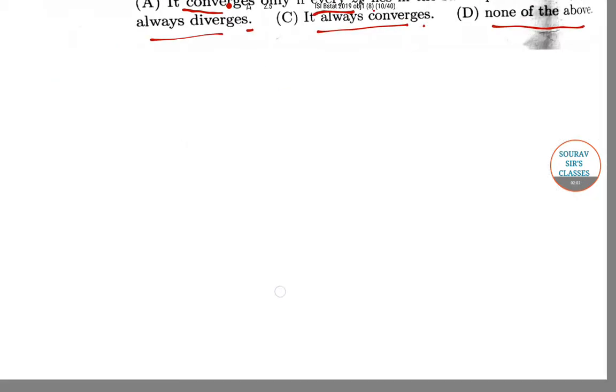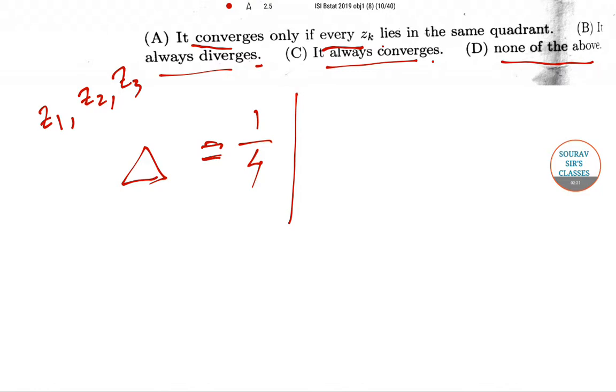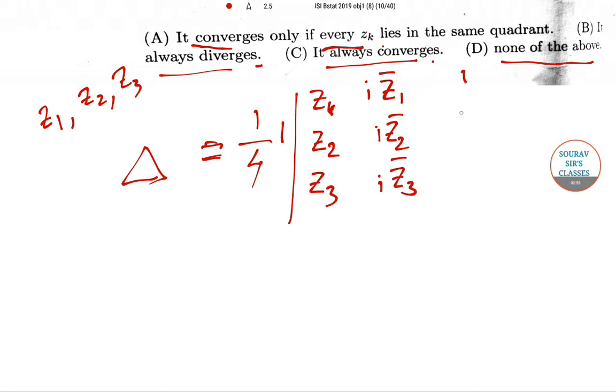We know the area of the triangle formula for complex numbers, formed by z1, z2 and z3, is equal to 1/4 of the mod of the determinant with rows z1, z2, z3, then i z1 bar, i z2 bar, i z3 bar, then 1 1 1.